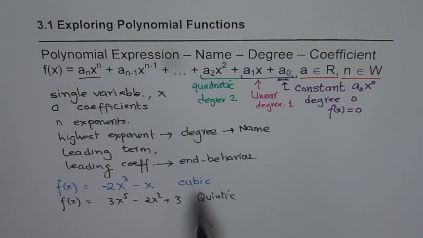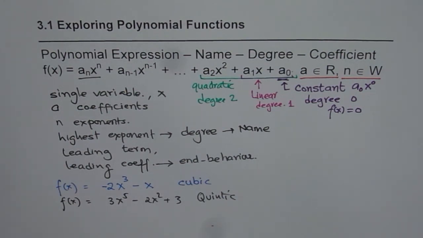So, those are the names which you could give. You can simply say a polynomial of degree 10, for example, that is good enough. A polynomial of degree 2, that's fine, right? Or you can say quadratic. For some polynomials, we do have very specific names, right? So this is what you basically understand about polynomial functions.